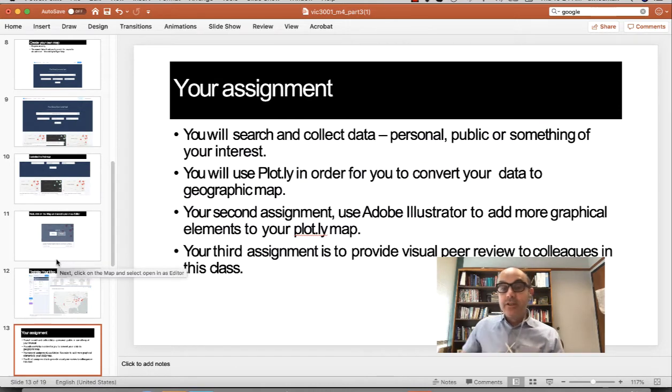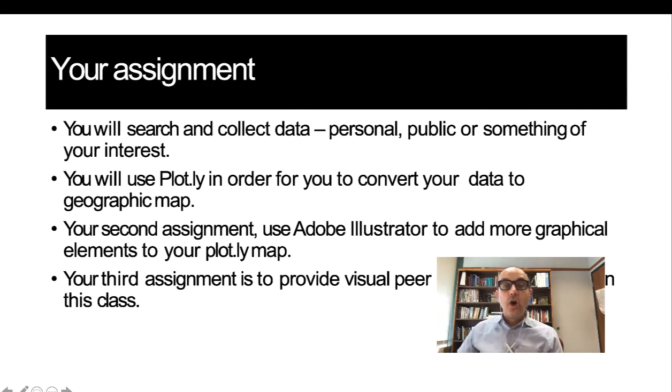Your assignment for the first time is you're going to search or collect data if you want to do it yourself. That will take a little bit more time. Or you can select someone who already converted the data into maps and just play around, make it more visual.